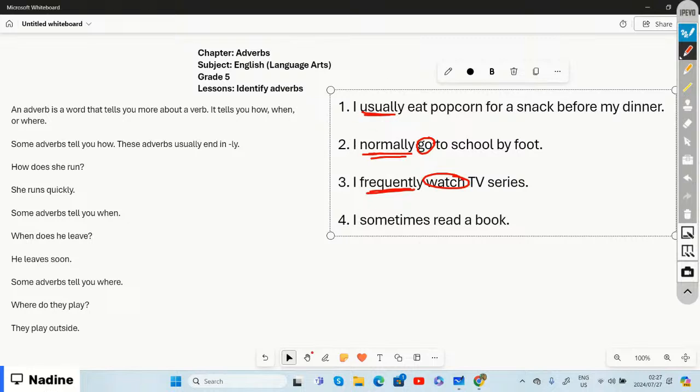And then the last one says, I sometimes read a book. So read is our verb. What is the adverb within that sentence? We need to identify the adverb within that sentence.